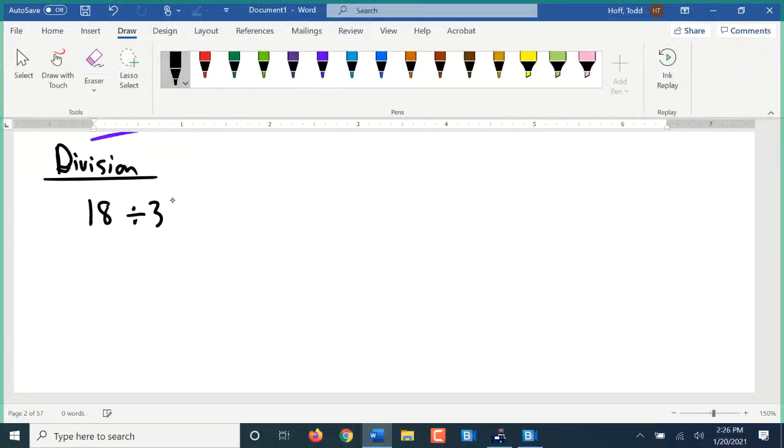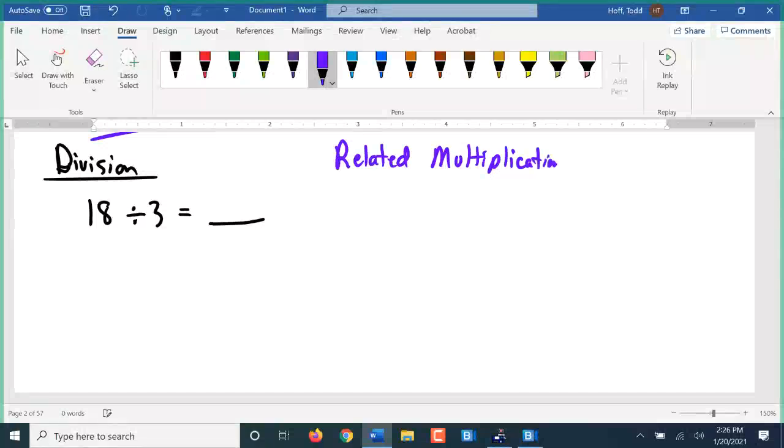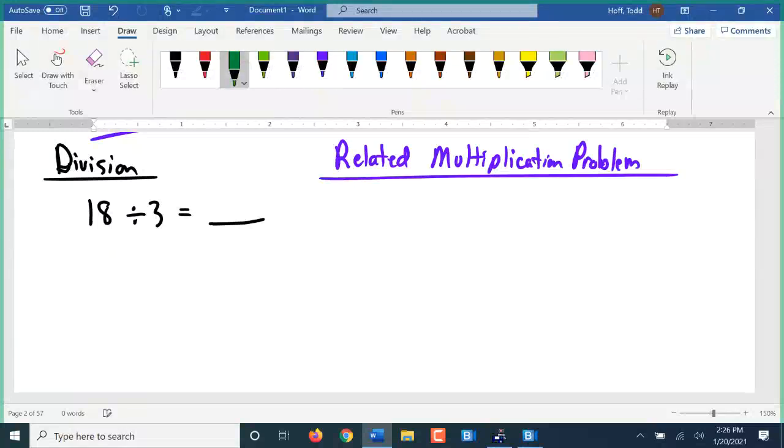18 divided by 3 equals blank. It's defined by a related multiplication problem. Like this. We almost work backwards.